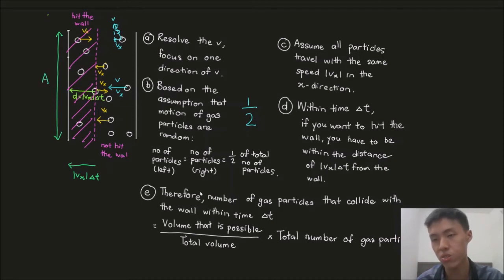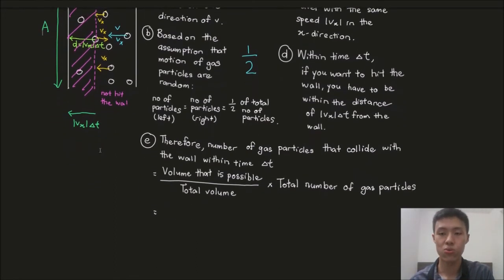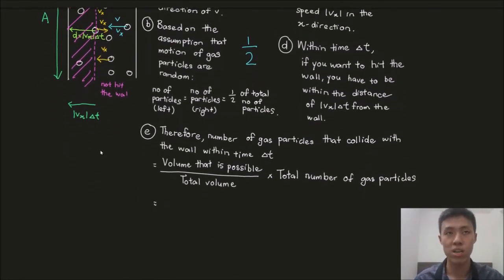So the area of this wall will be A. So area times length will be volume. So this will be the volume that is possible for the particles to hit the wall. How do you write it? You can write it as A times Vx times delta T.